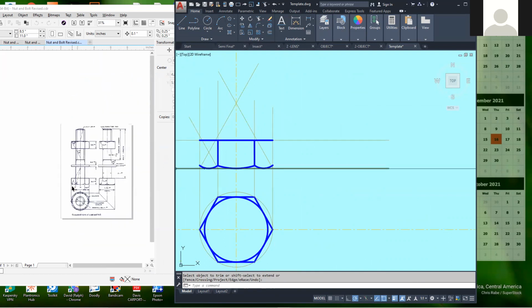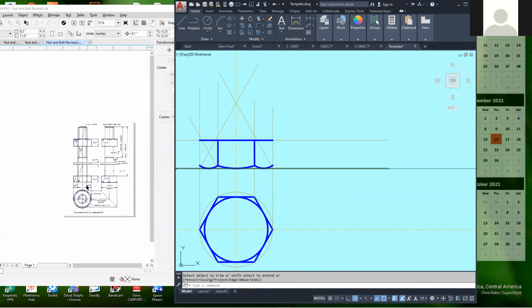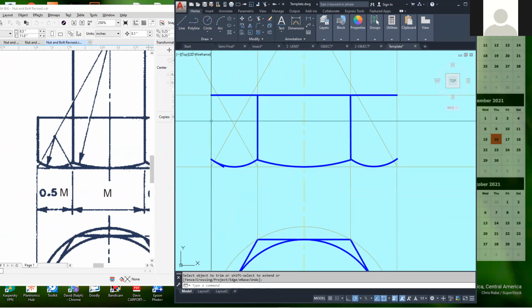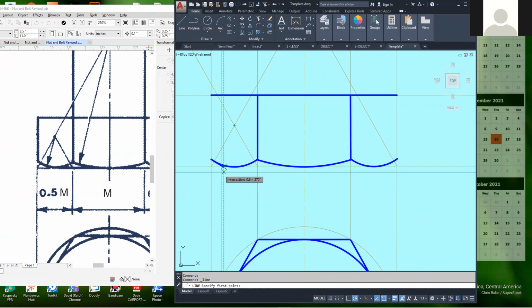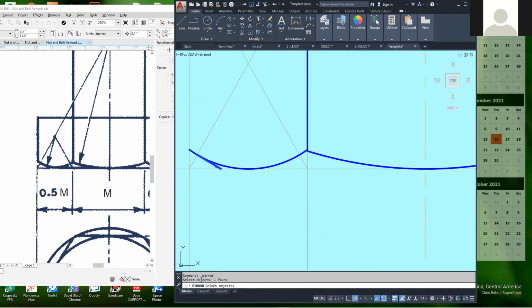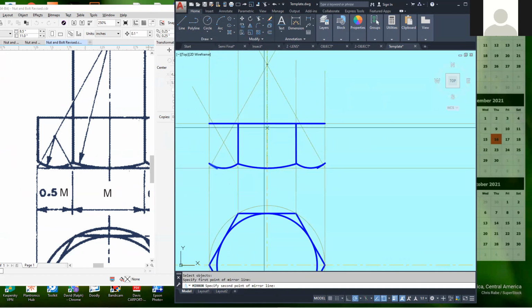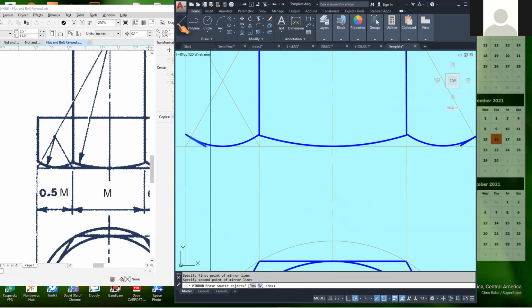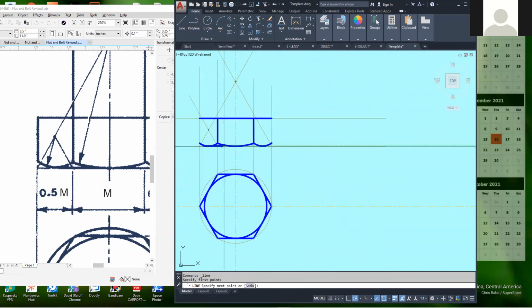This line here is 30 degrees. Again, we could mirror this. And you would join this, draw a line from here.